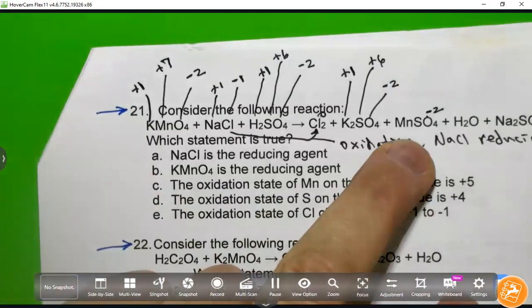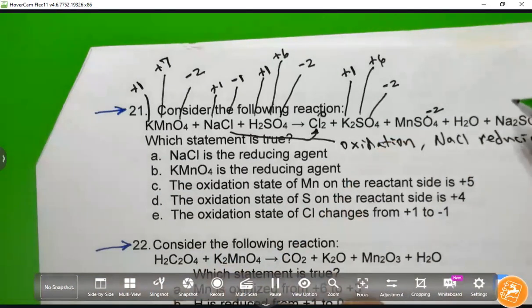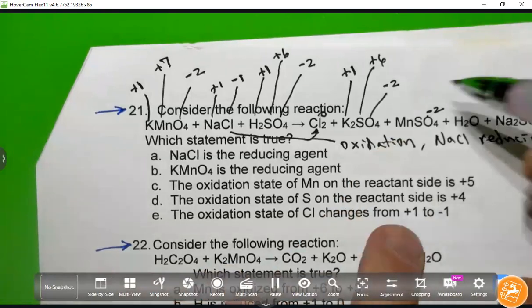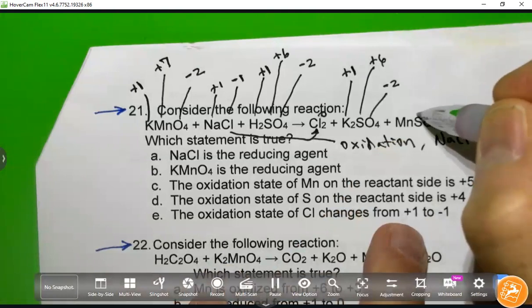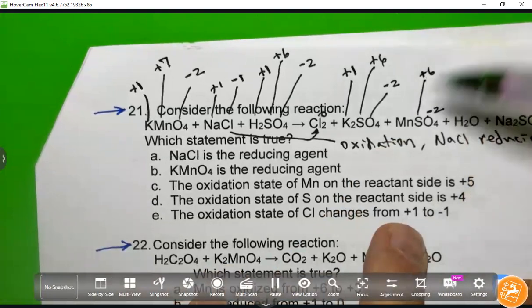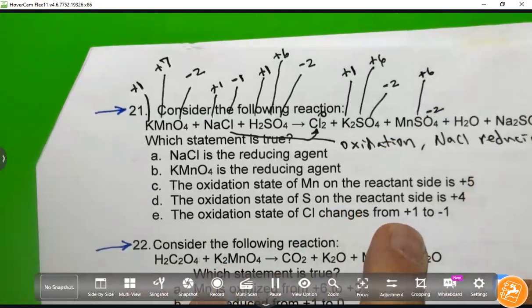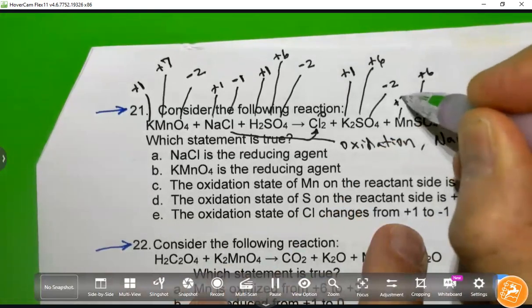Now, manganese, or we got sulfur here as well. Let's see if that sulfur has changed anywhere. Let's see if this works. If sulfur stays at +6, what is manganese now? Manganese could be a +2.